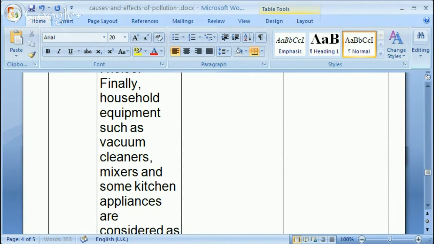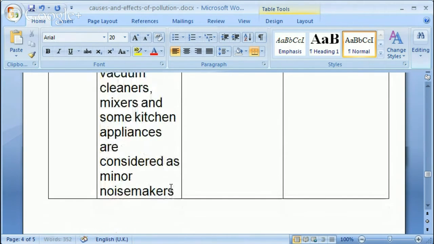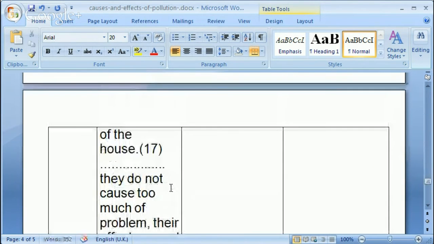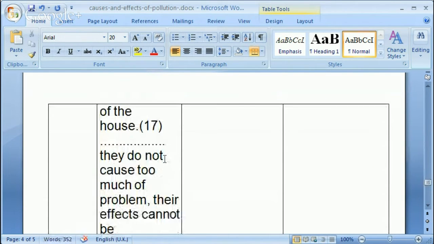We can't say equipments. There's a little typo or mistake. So I don't need an article to talk about it in general. I can just say household equipment such as vacuum cleaners, mixers, and some kitchen appliances are considered as minor noisemakers of the house.